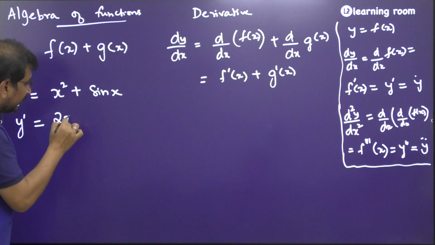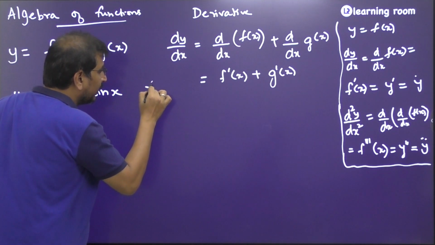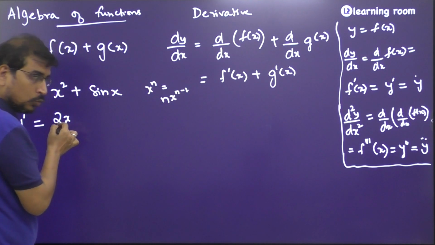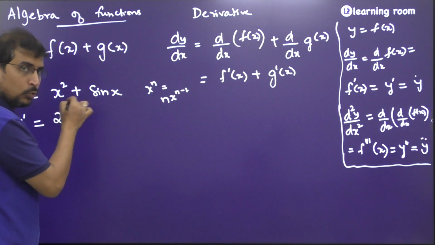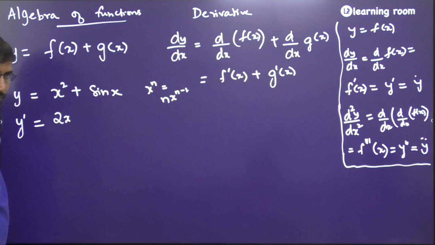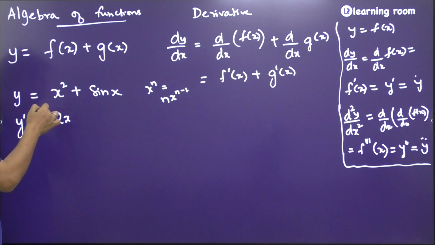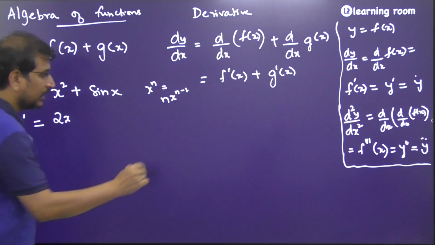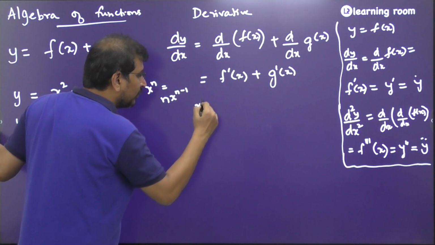How did we get the 2x? Because for x power n, it is n into x power n minus 1. Here n is 2. So x power 2 minus 1, and 2 minus 1 is 1. So basically, you put that number here and decrease the power by 1. For example, I'll tell you a shorter way. Suppose it is x power 4.